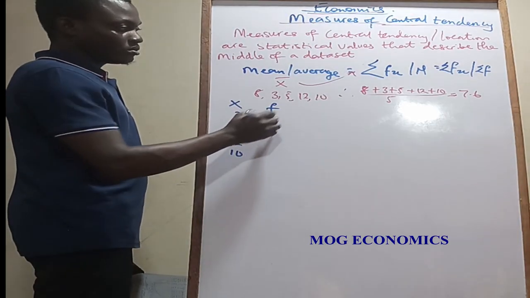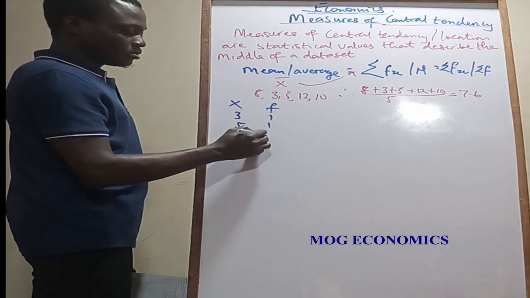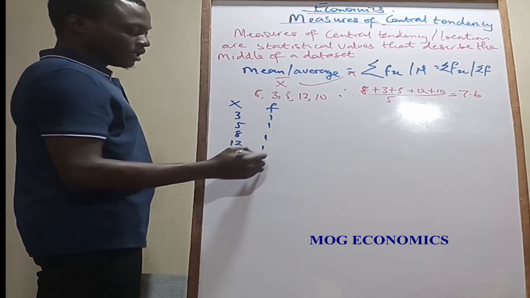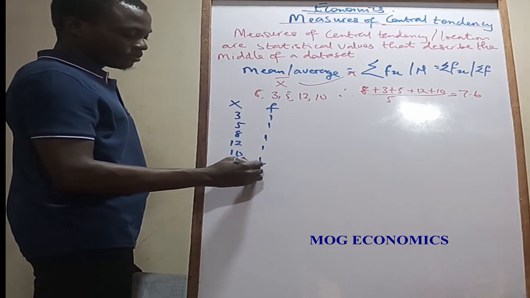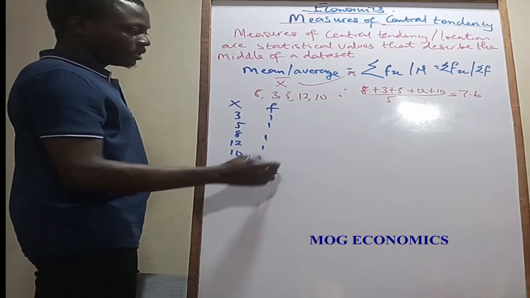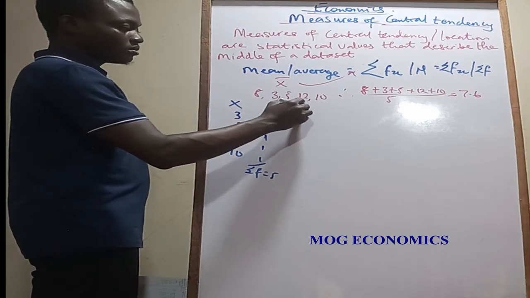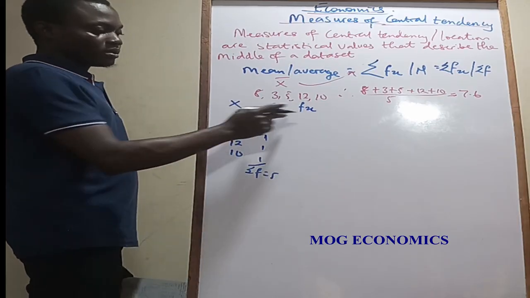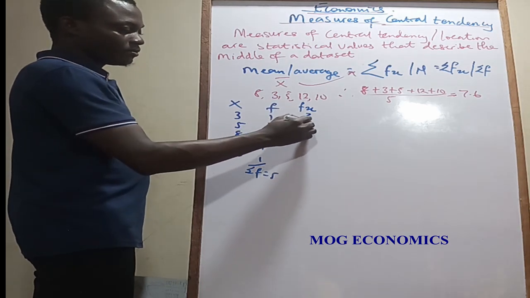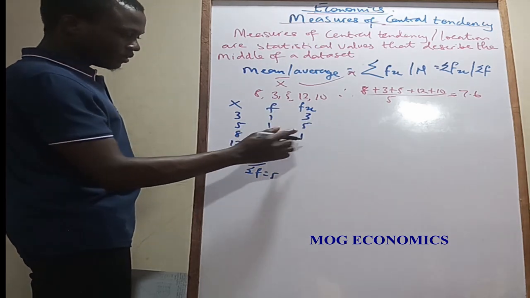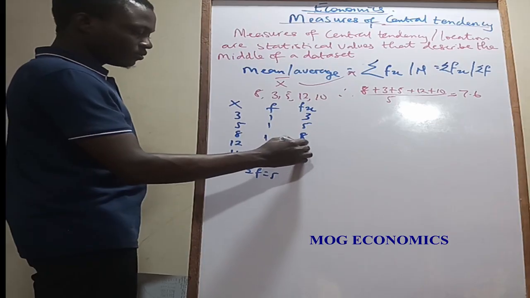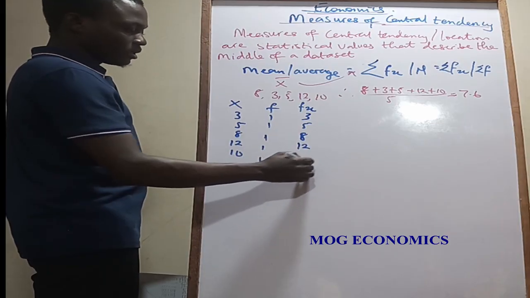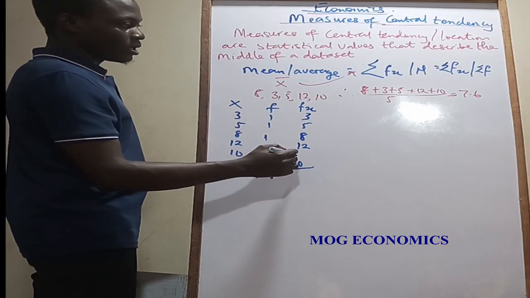So the frequency is 1 because each appears once. So the sum of f equals 5, and of course fx is then going to be 3 times 1 is 3, 5, 8, and 10. So when we add everything together, we still get our 38.